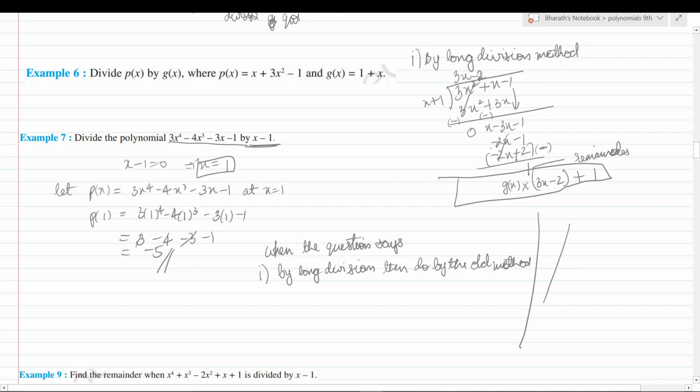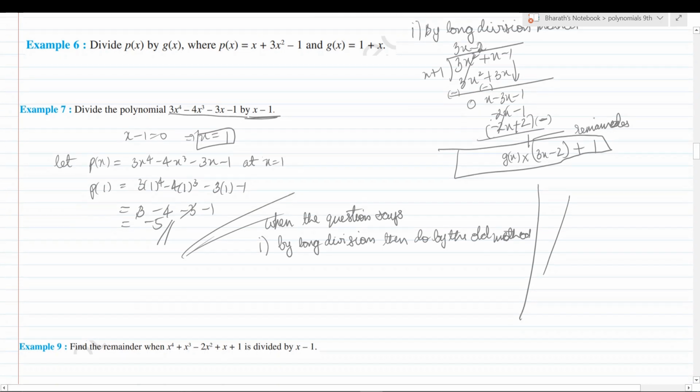But when they say just divide or just use this and use the factorization theorem and all, just do this. Finish. So finish and give it in. Write on your paper.